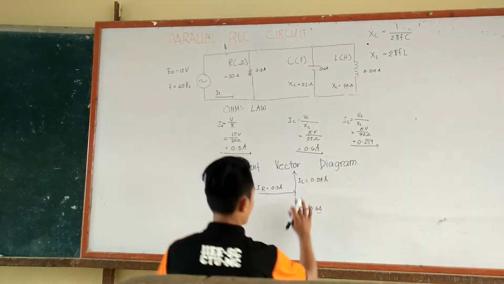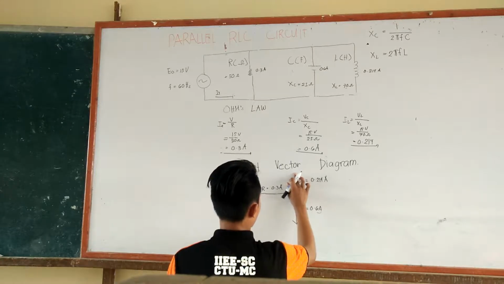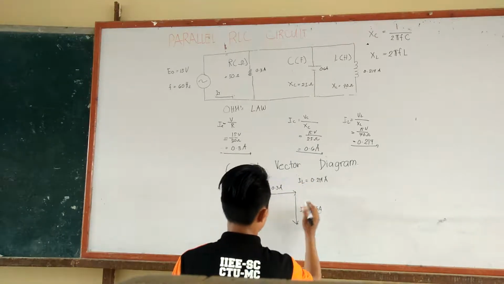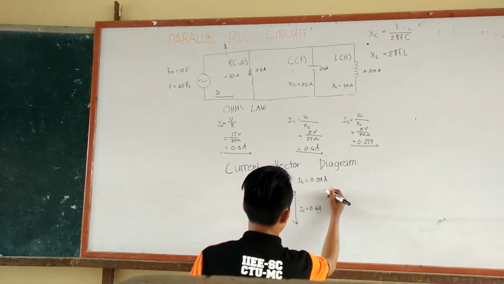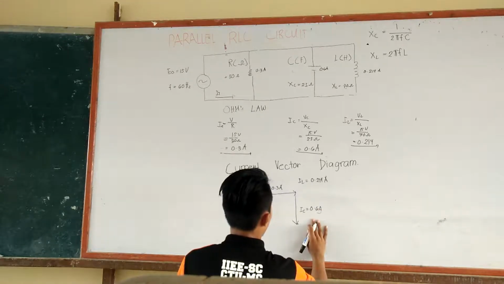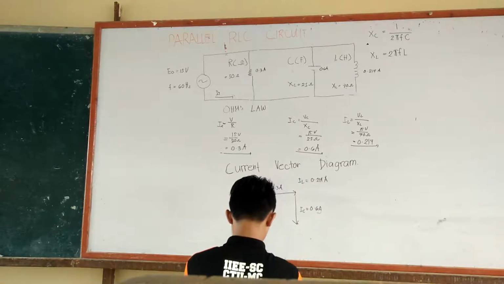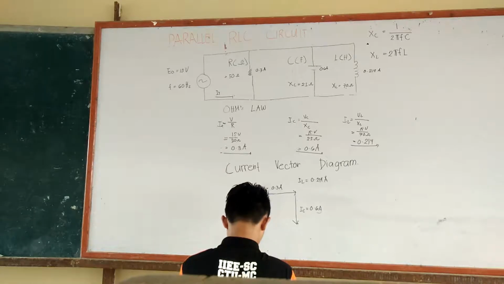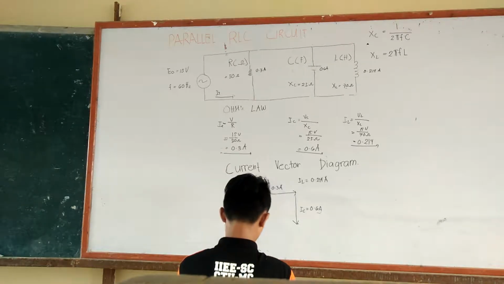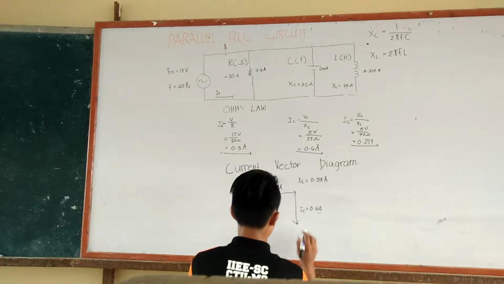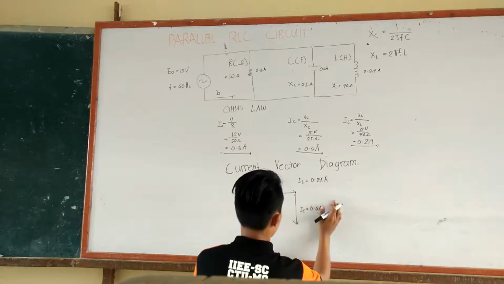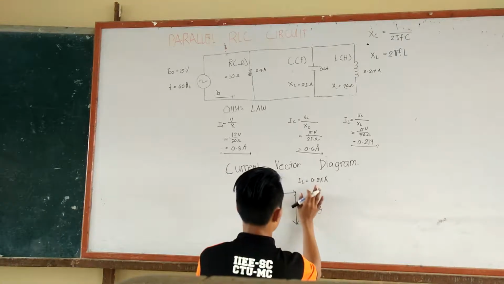You can just erase the vector of the current of the inductor and subtract it from here. So we have 0.6 minus 0.214, which will be 0.386. So just erase this.